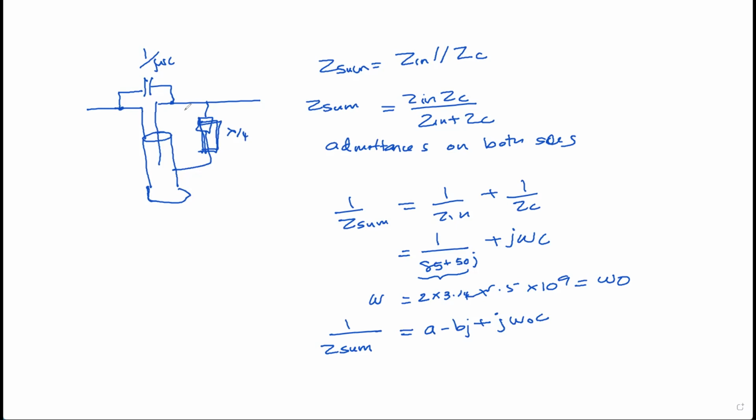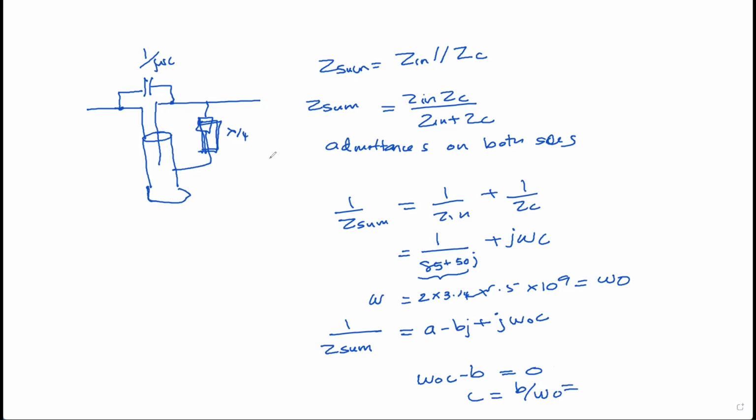So in order to cancel out the imaginary part of the impedance, we are connecting the capacitor. We need to make the imaginary part of the total impedance equal to 0, which means omega naught C minus B must be equal to 0. Since we know the value of B and omega naught, B over omega naught gives the value of the capacitor.